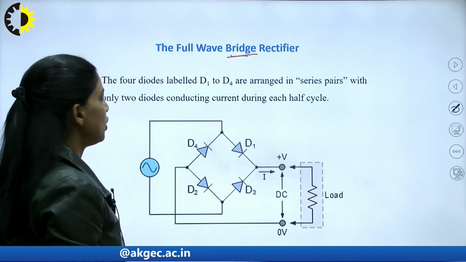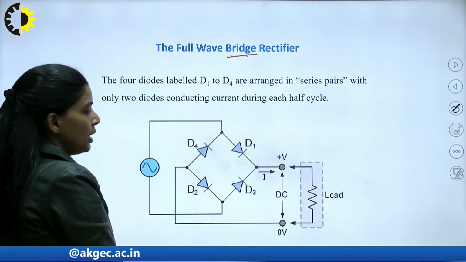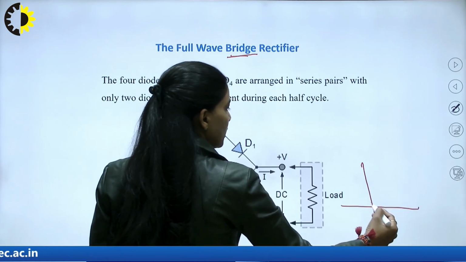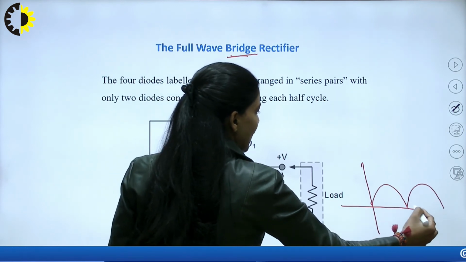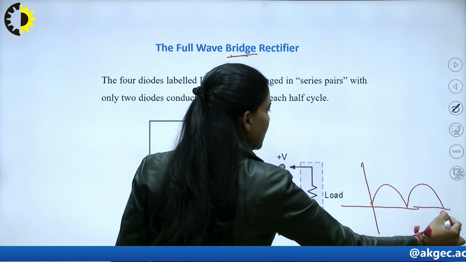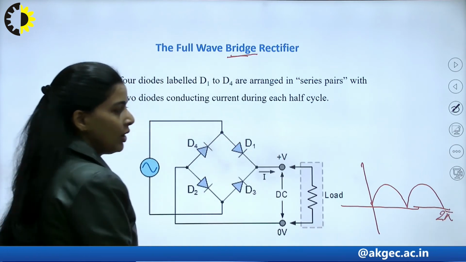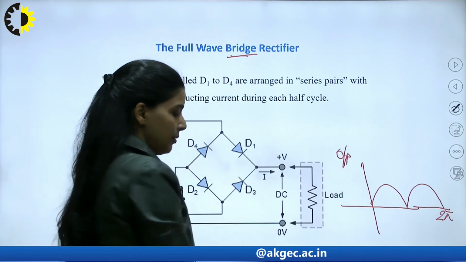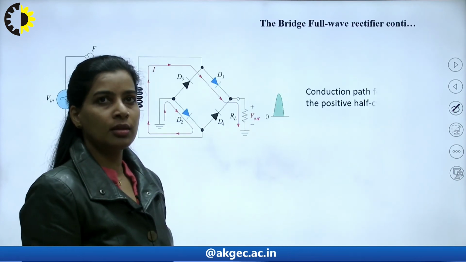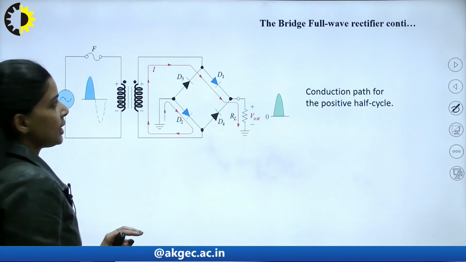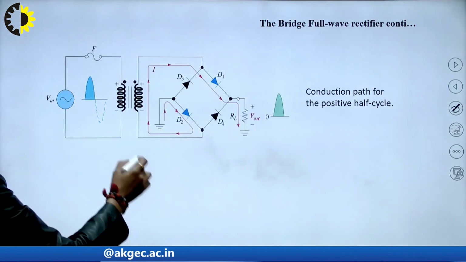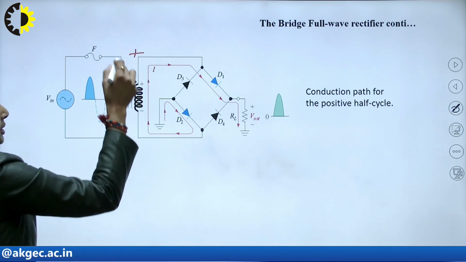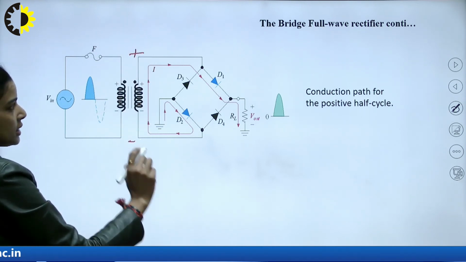Similar to the full wave center tap rectifier, in this rectifier also we get the output for the complete cycle. If I am taking it as a 2 pi sine wave, we get the output for the complete cycle. Bridge rectifier for the positive cycle. Here, when the positive cycle appears, this is positive and negative.